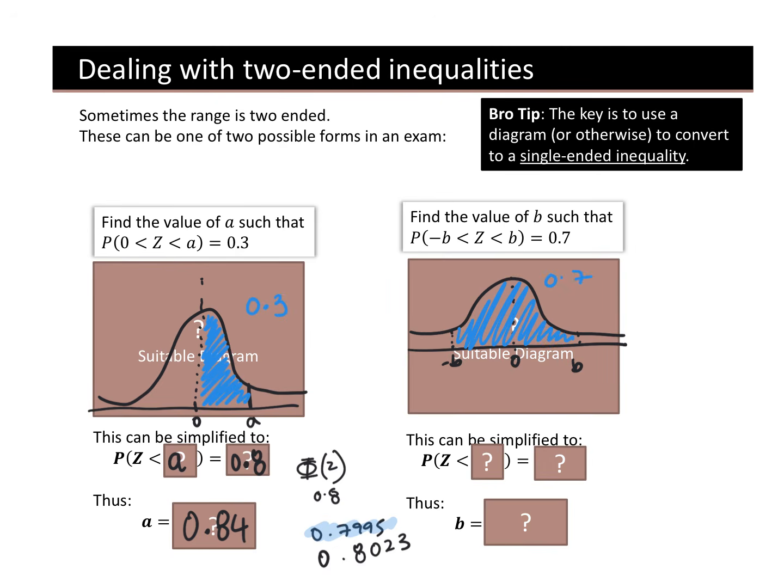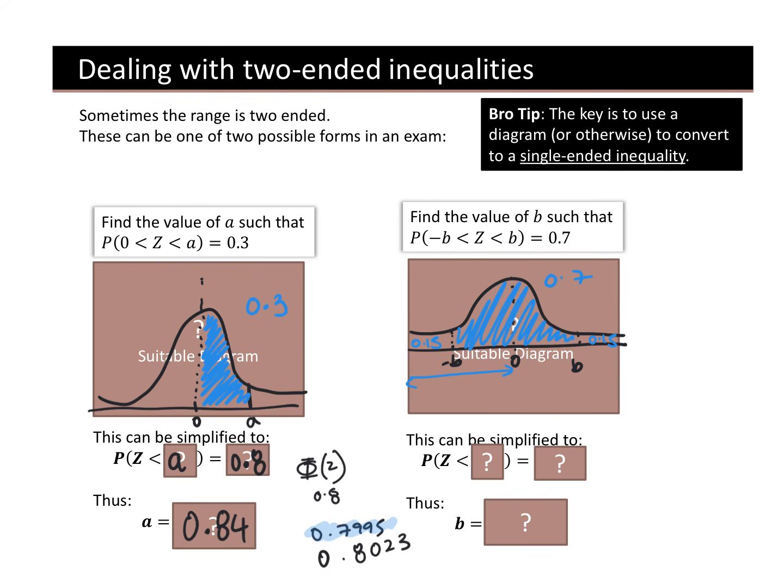0.7. This whole area is 0.7, which means each side is 0.35. If this is a half, and I've already shaded in 0.35, what's left? 0.15 on each side.